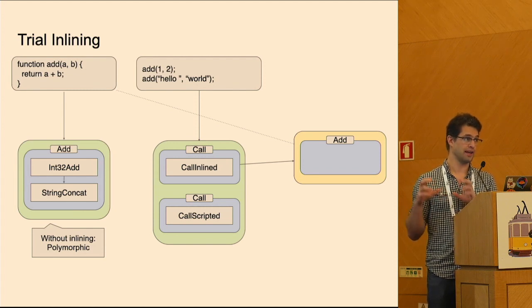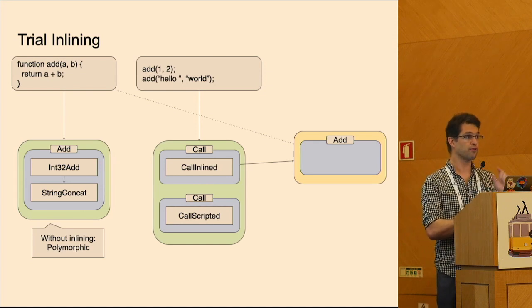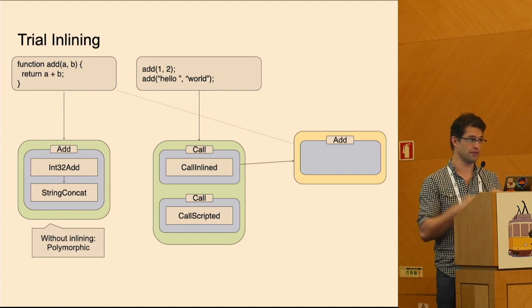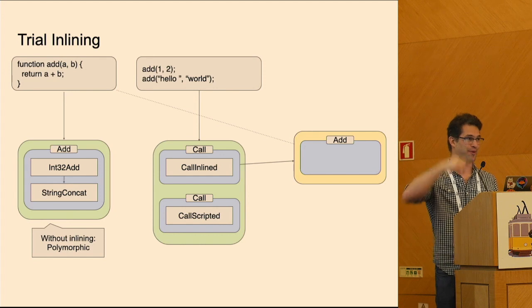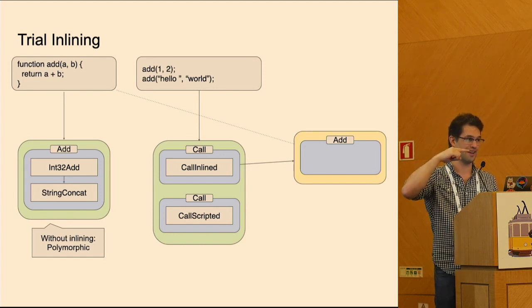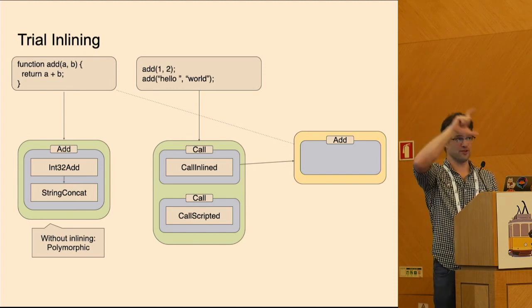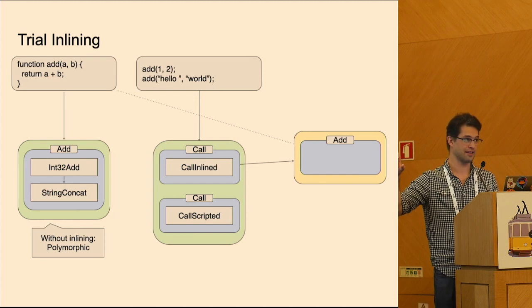We then create a separate private batch of ICs specific to that call site and rewrite the IR stub that was doing the call scripted to a call inlined. And because this is an IR, we just have to find places where we have a guard specific function operation and a call scripted function operation, and then we can just clone the entire thing and replace the last instruction from call scripted to call inlined, and everything else works.